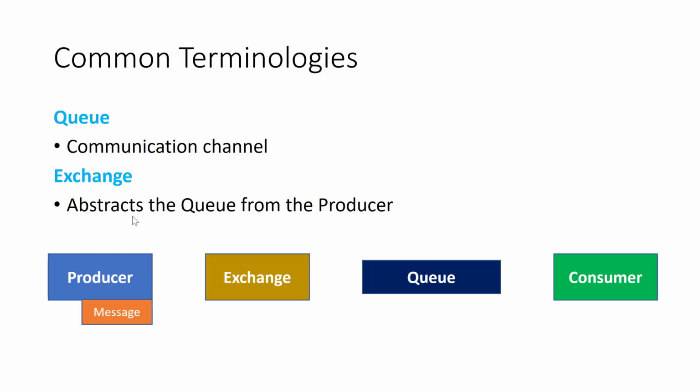The producer produces the message, but doesn't directly interact with the queue. The producer sends the message to the exchange first. It is up to the exchange to send the message to the queue, and then the consumer consumes the message from the queue. So that's how the message is sent from the producer to the consumer.